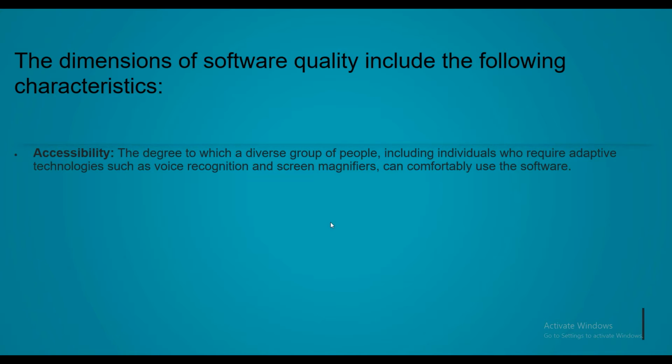So we'll start with accessibility. Accessibility is the degree to which a group of people, including individuals who require adaptive technologies such as voice recognition and screen magnifiers, can comfortably use the software.